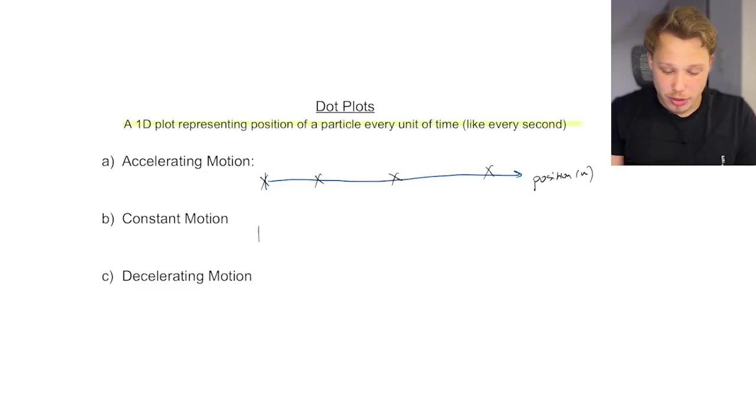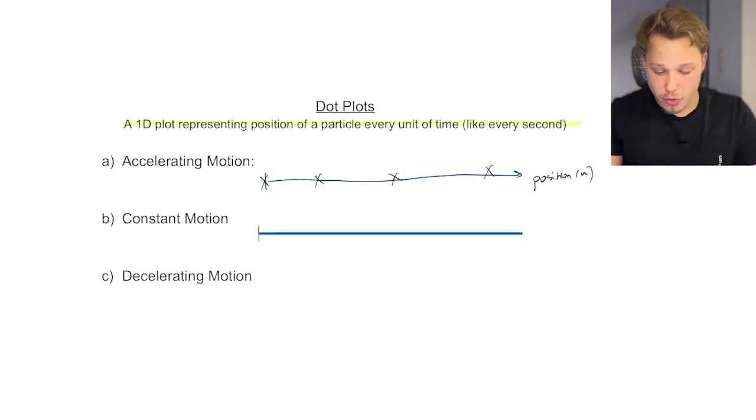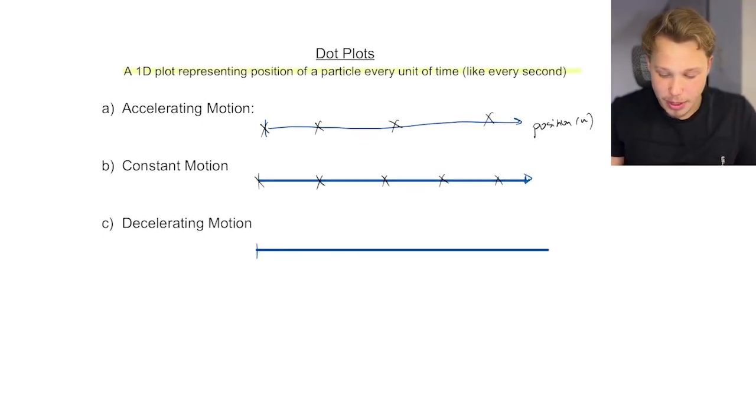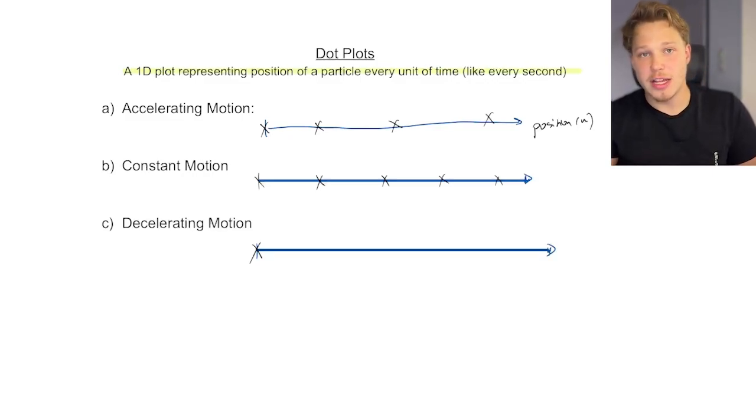In a constant motion, if you were to make a dot plot, every second, right, because your velocity doesn't change, you cover the same distance. So your dots would be equidistant from each other. And finally, in decelerating motion, if you started, let's say, at a big velocity, let's say 10 meters per second, and then your velocity decreases, so every second you cover a smaller and smaller distance like this. So dots are becoming closer and closer to each other.